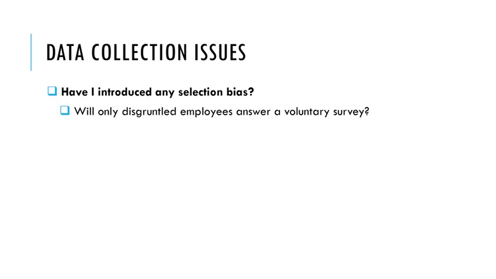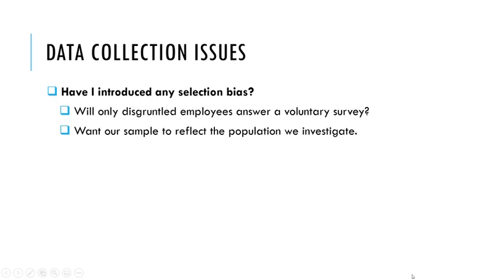So I could have a selection bias in that people are self-selecting based on how unhappy they are. And that's going to certainly taint my data collection process. It's going to give me data that's maybe skewed in one direction and may not be accurate in terms of the conclusions I make. So again, as we've talked about, we want our sample to reflect the population that we're trying to learn about when we want to investigate.